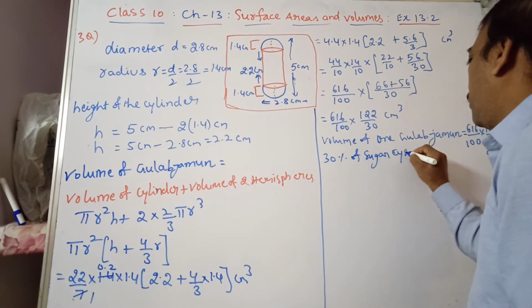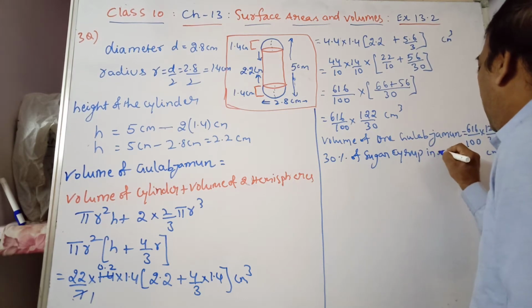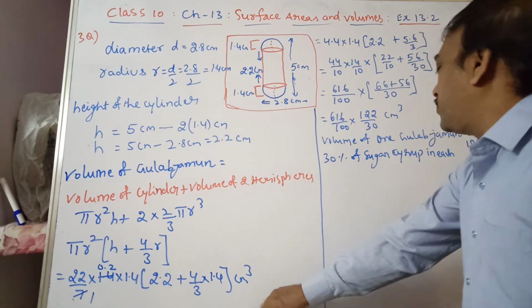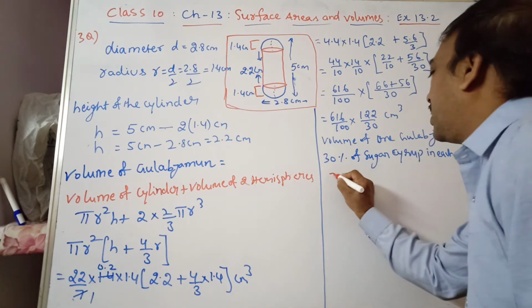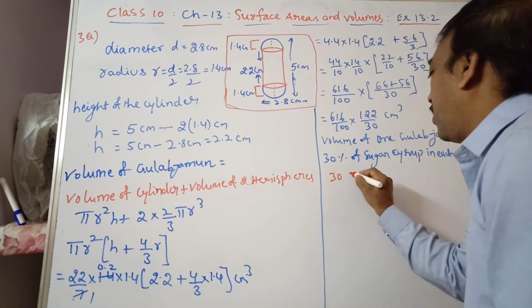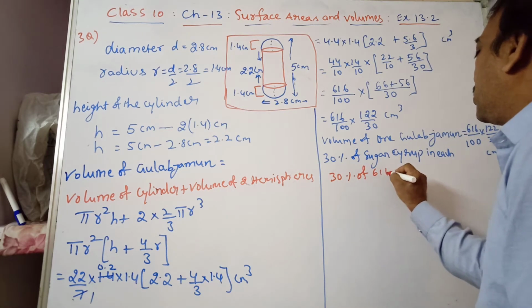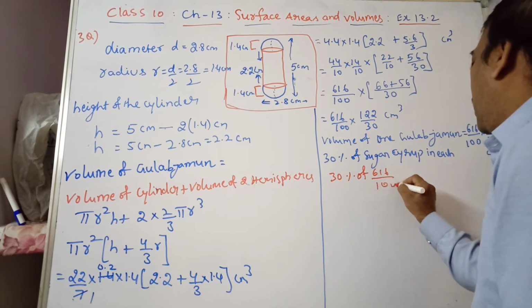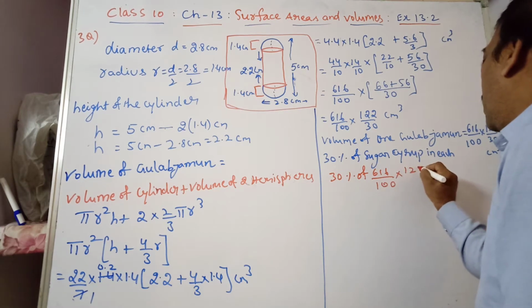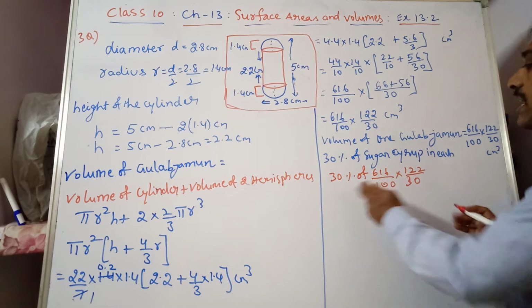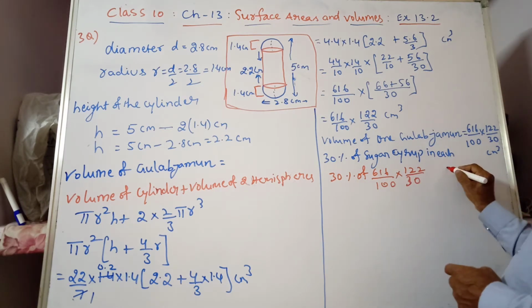The volume is 616 by 100 into 122 by 30, and in this, 30% is there.